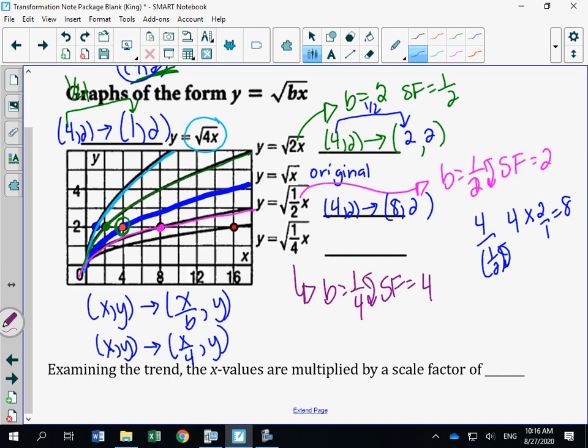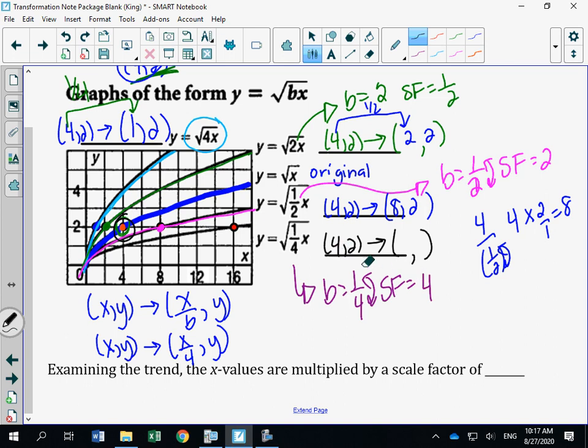So if I take my original point, what was my original point? The original point was that guy there, which is 4, 2. Take that original point, and what you do is it's x over b, so it's 4 divided by 1/4, or you could say 4 times the stretch factor.